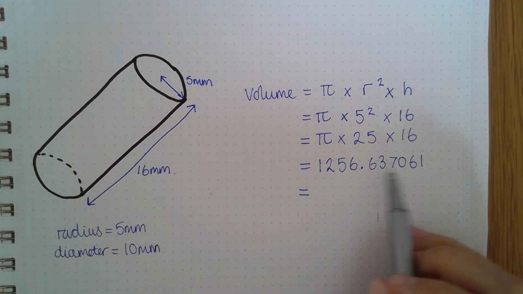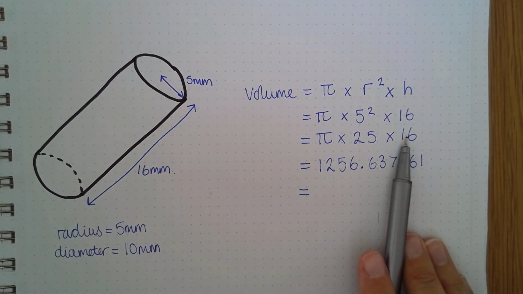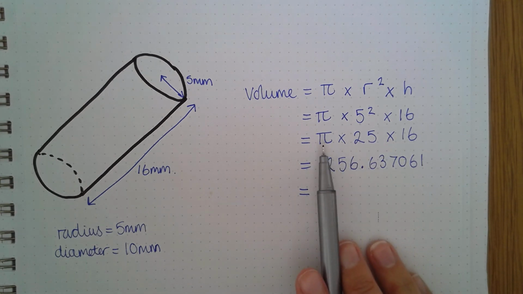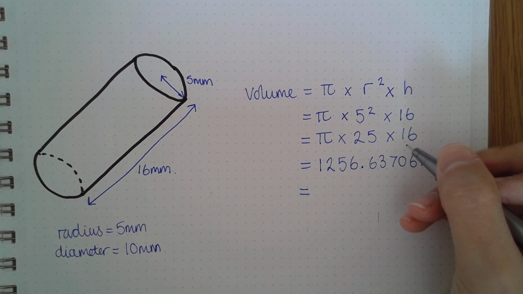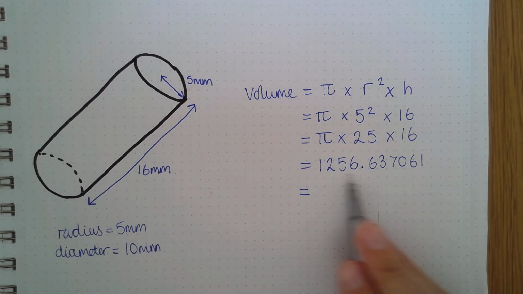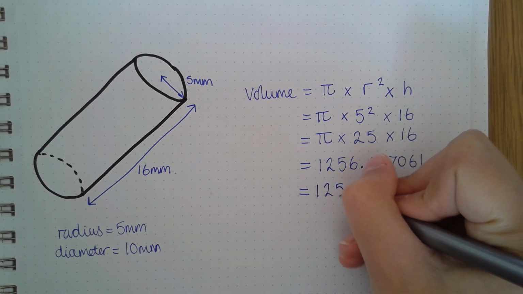Remember, you can use Google. If you type in 25 times 16 into Google and then do that answer times pi, then Google will tell you if you haven't got a calculator. So that 2 decimal places, the 7 makes the 3 round up to a 4.